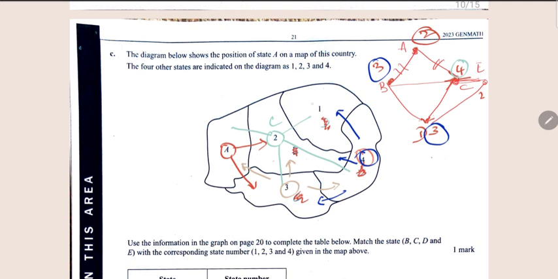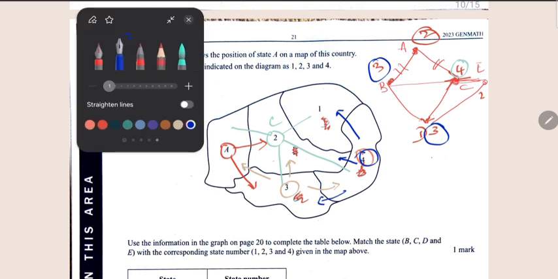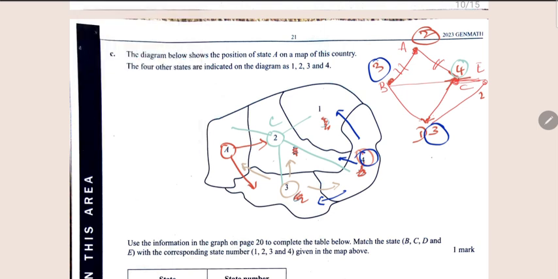So what I'll do is I'll look at 1. Now 1 has 1, 2 connections, okay?